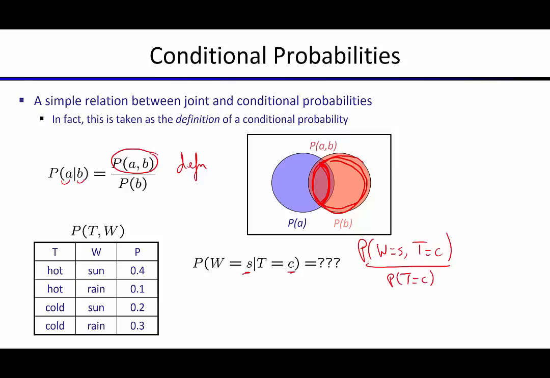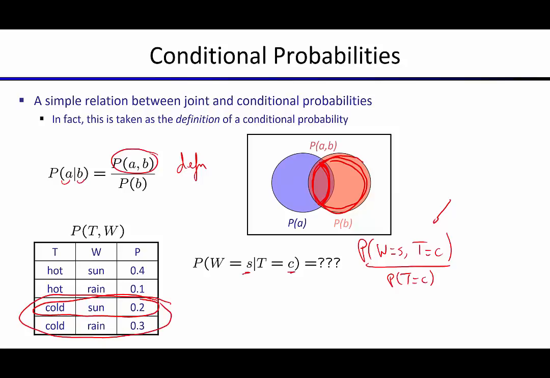Then we need to look in the table to find what these things are. This one actually occurs over here. S and C is right here. Temperature equals cold does not directly appear, but it's an event that is a combination of these two over here.